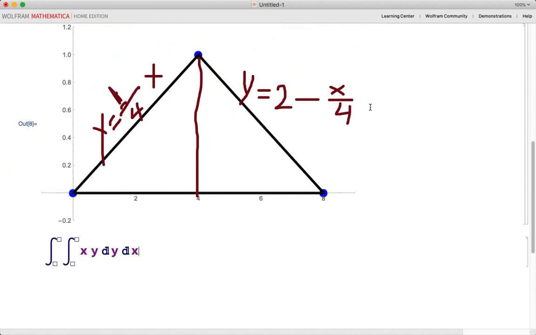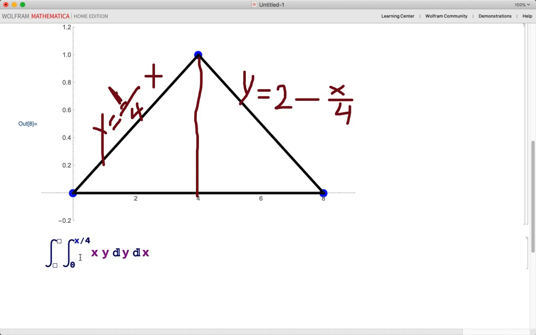So for the left triangle, y goes from 0 to x over 4.